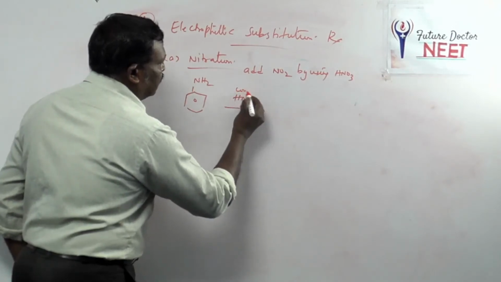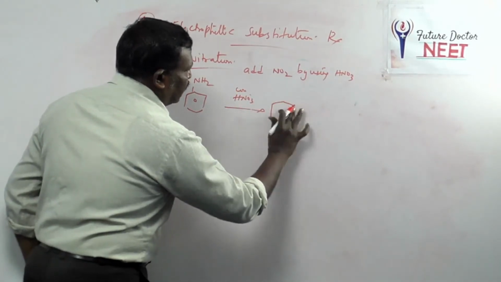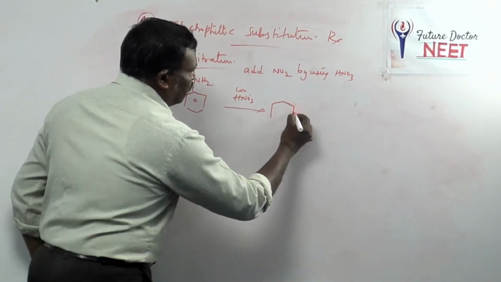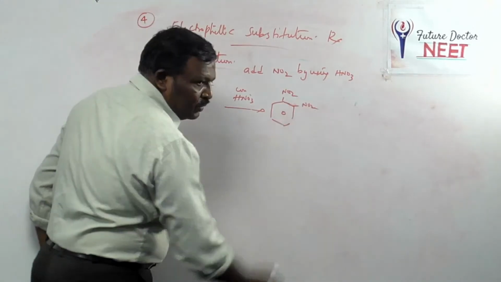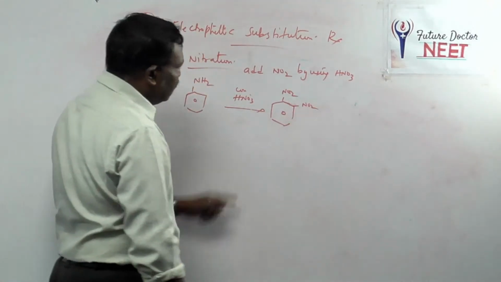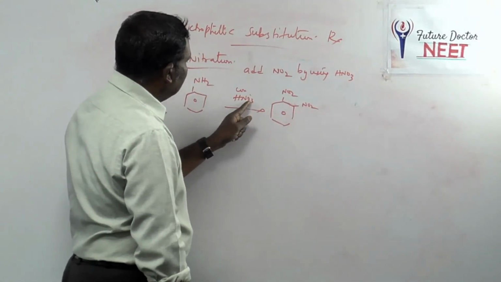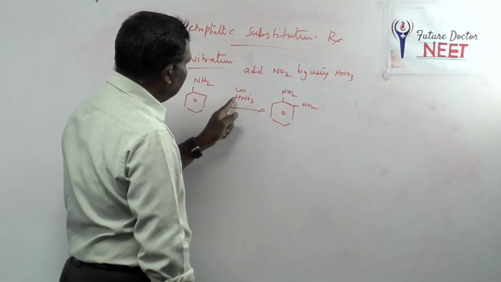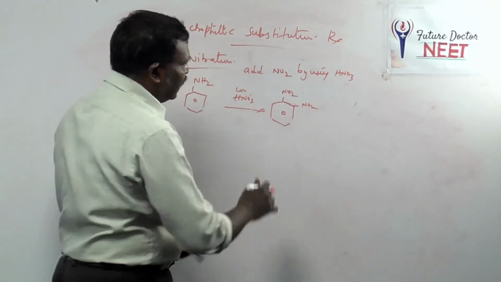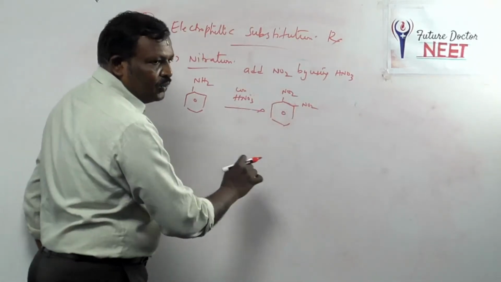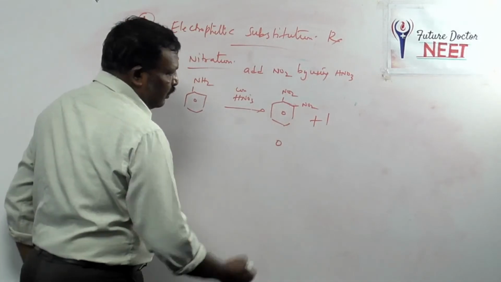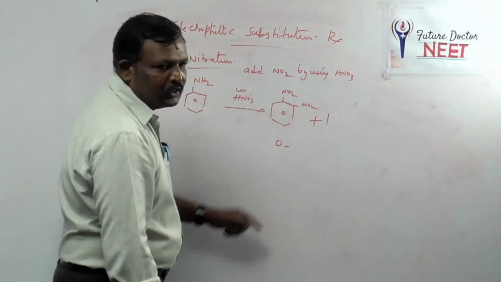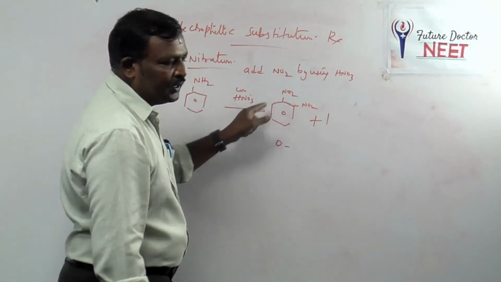Concentrated nitric acid, so we are getting NO2 on the ortho position. Don't put NO3. One oxygen and one hydrogen, H2O will be removed. So nitration means adding an NO2 group. Then what product? The ortho product, since we added at the ortho position.